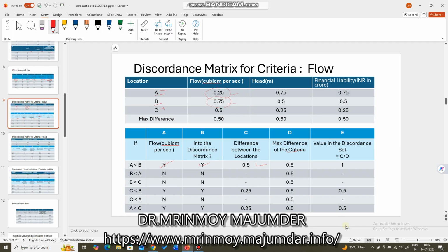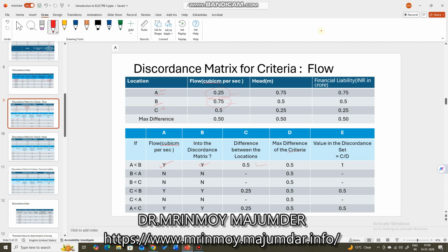For each criteria, you have the two alternatives that you are comparing. You have to just deduct the value of the higher alternative minus the lower alternative with respect to magnitude. So the difference between the locations is divided by the maximum difference within the criteria between the locations.